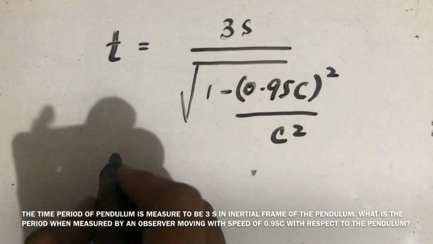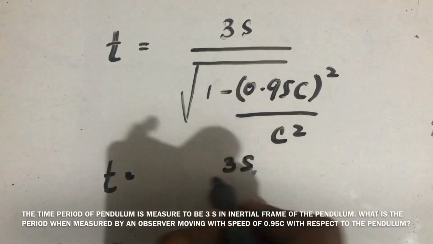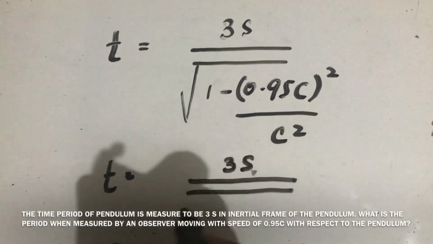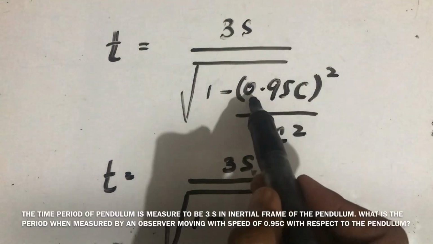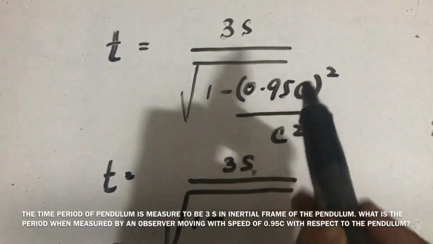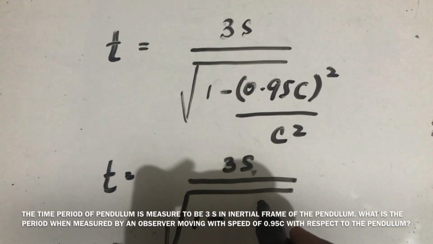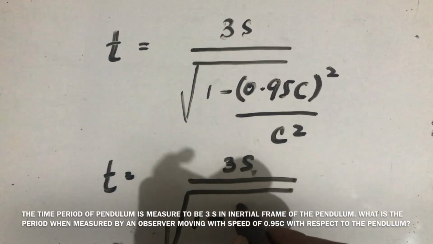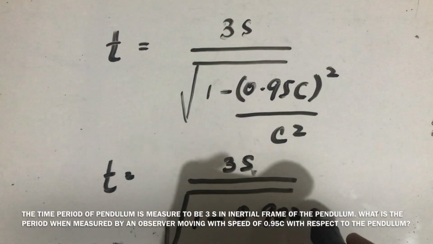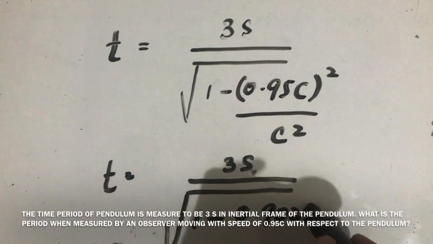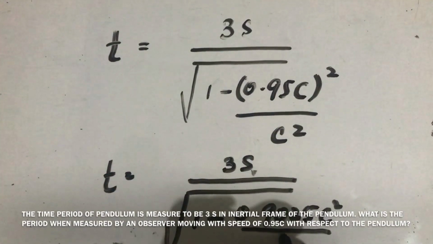So we can write T is equal to 3 seconds divided by the square root of 1 minus, taking the square of 0.95 c, we have 0.9025 c square divided by c square.